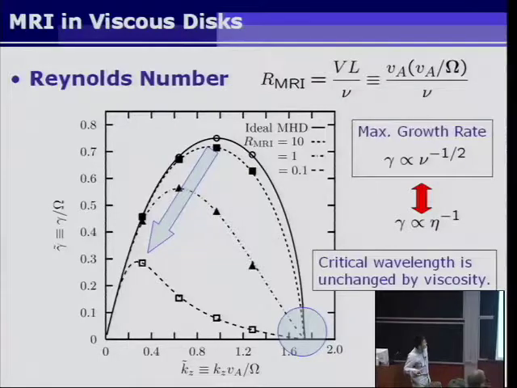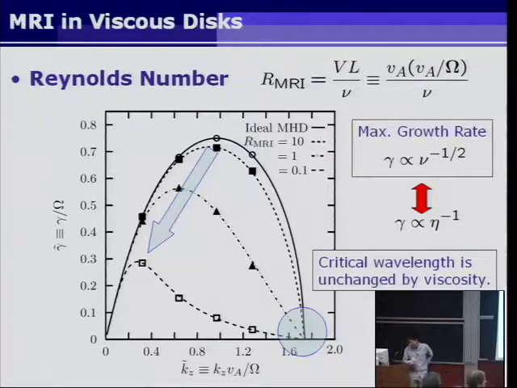The only difference is that the critical wavelength is unchanged by viscosity, but the most unstable wavelength shifts longer, the same as in the resistive case. The growth rate is inversely proportional to the square root of the viscosity, which is a slightly smaller dependence than for resistivity.